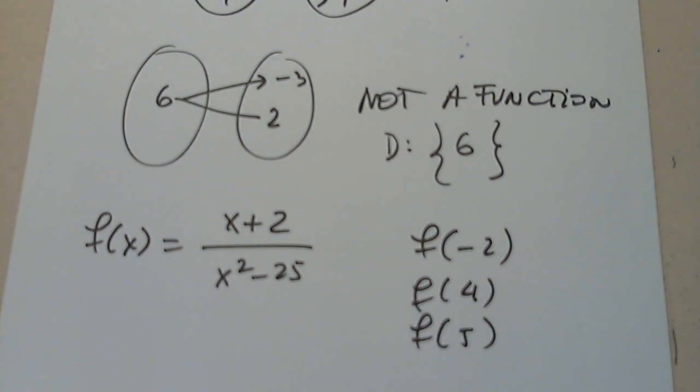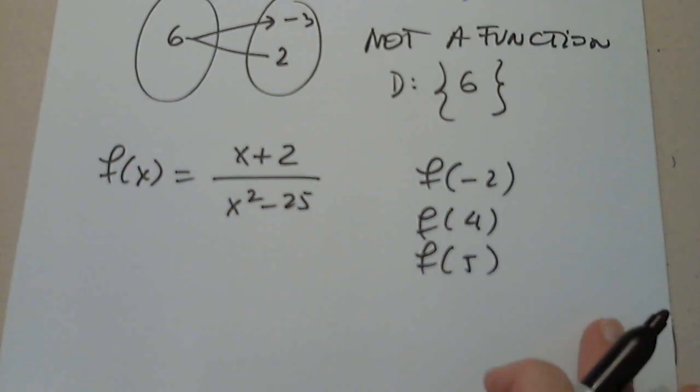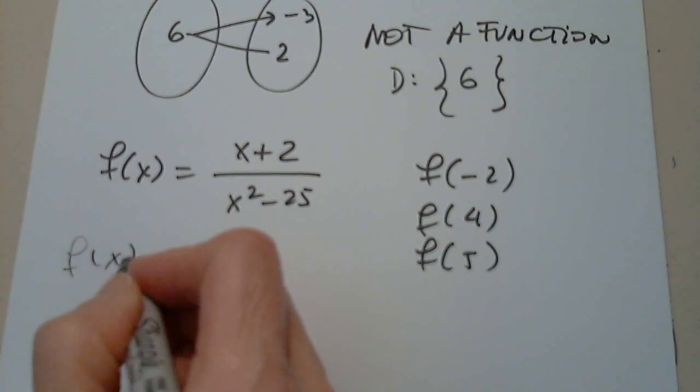I look at this function and I say, I could never evaluate this function for which values of x? Careful, it's quadratic, so you have to give me 2 solutions.